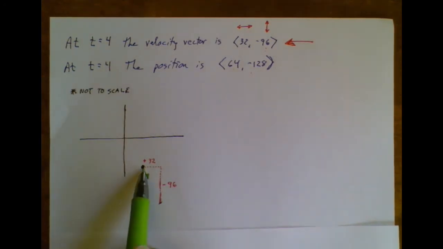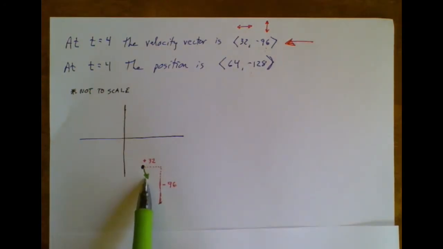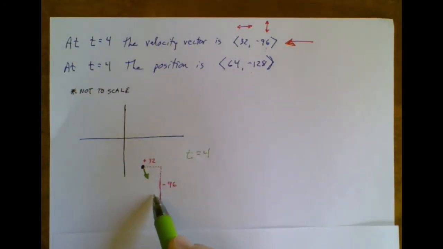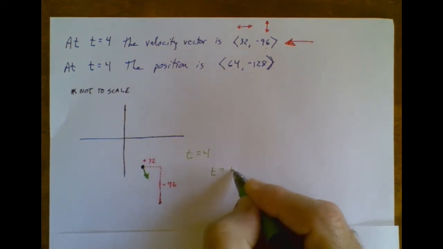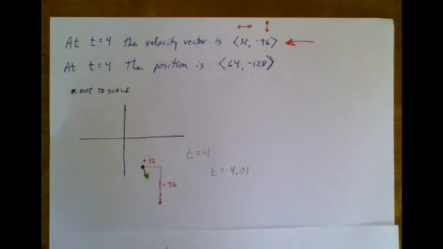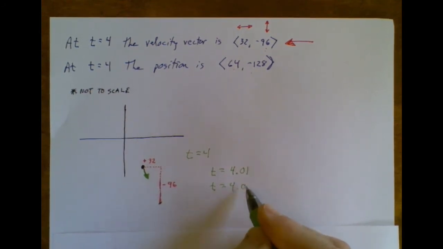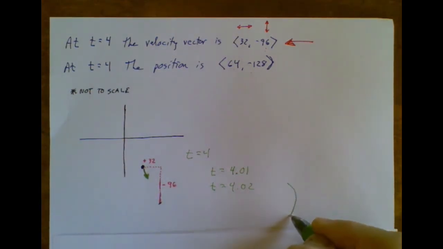But keep in mind, this information tells me a specific direction of travel at the instant t equals 4. The reason I didn't make this go all the way down here is because we would have to recalculate at t equals 4.01, and we're going to have a slightly different vector. And if you just keep computing at each new location, you're going to get a string of different vector forces, probably giving you something curvy.